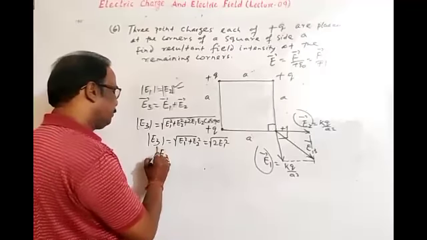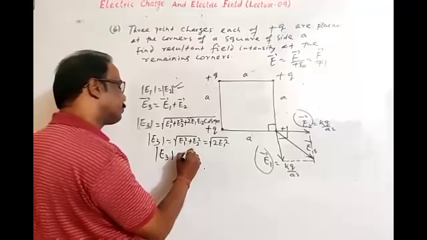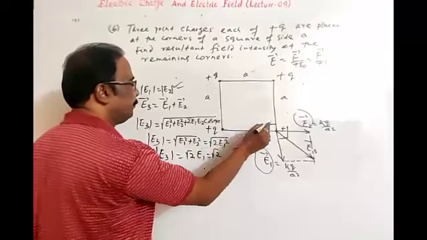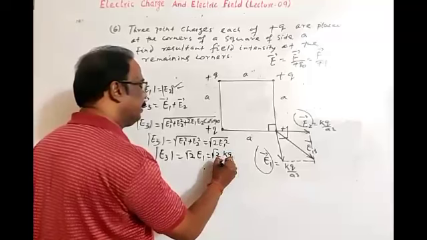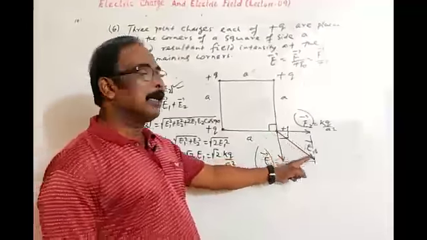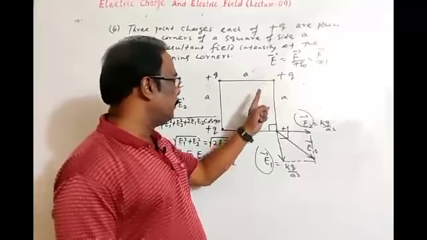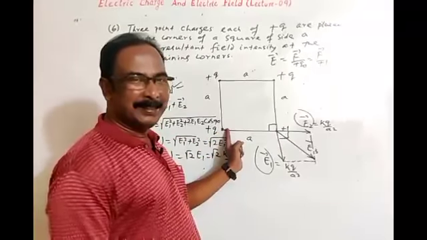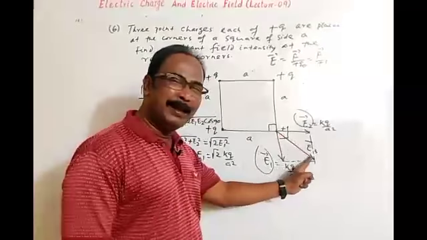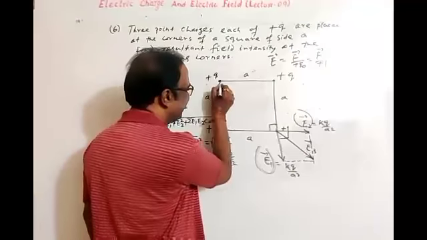Then the magnitude of resultant field intensity is root 2 E1, meaning root 2 times KQ divided by the square of distance. So this is the resultant field intensity due to these 2 point charges. Then what about the 3rd point charge? This will also repel it.